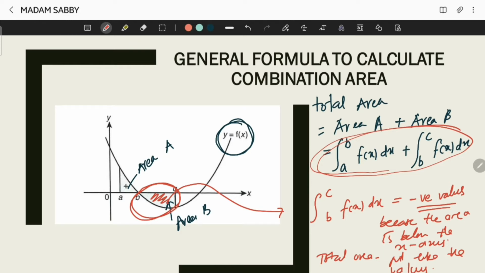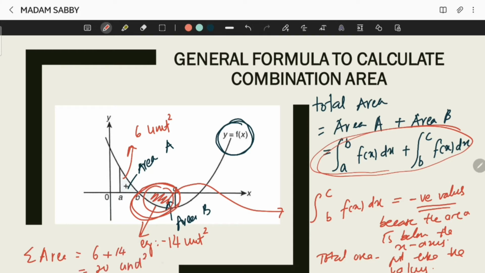Whatever value you get, for example, if you get negative 14 unit square for this one, and this one you get 6 unit square, then the sum of the area equals 6 plus 14, which is 20 unit square.